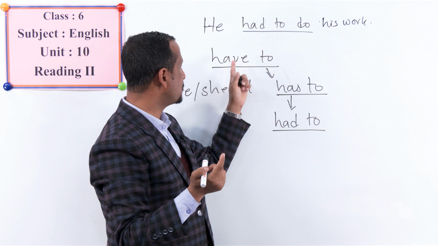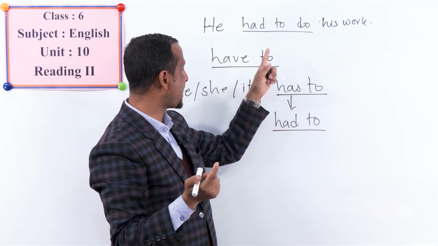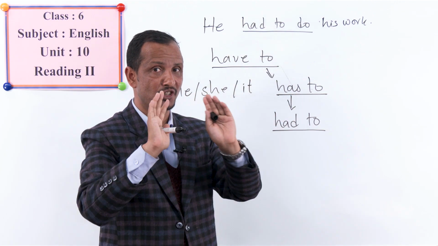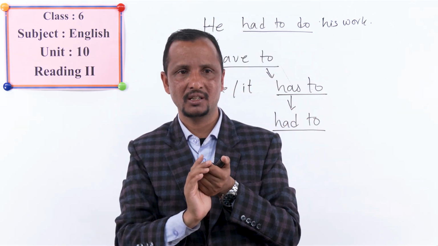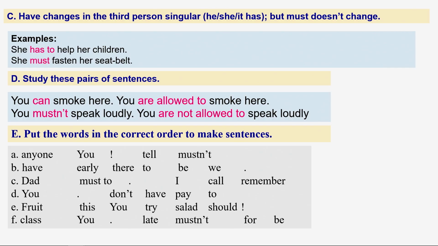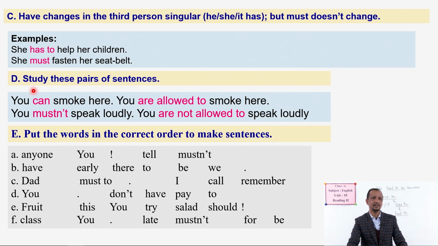So have to, singular has to, past is had to, but not about must. We don't have to change must. Okay. Now you can see here in the example, study this pair of sentences. They are in your textbook. You can see over there how we use them.